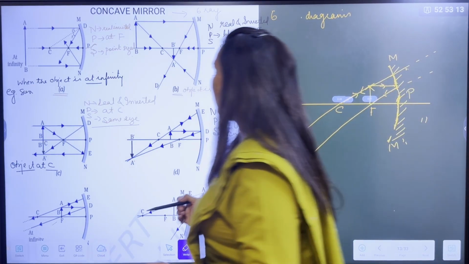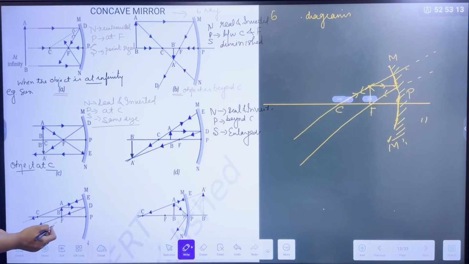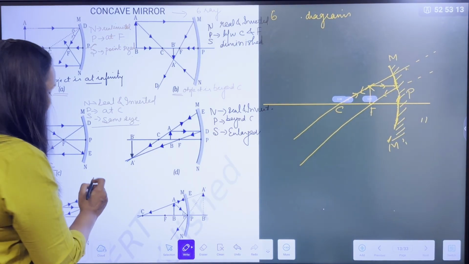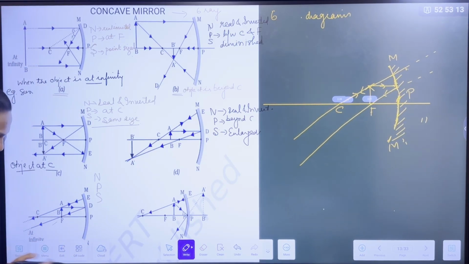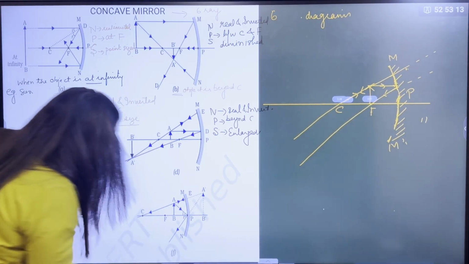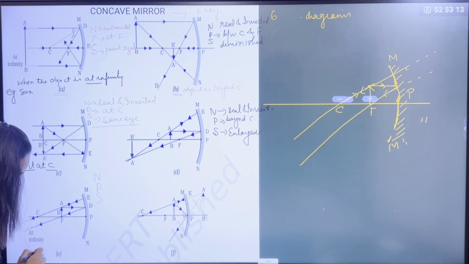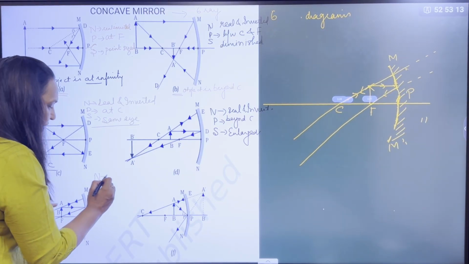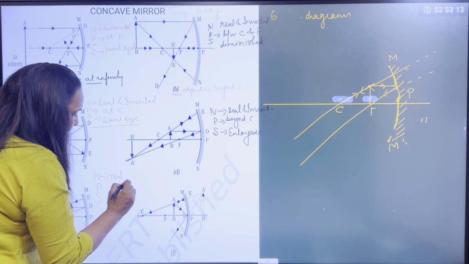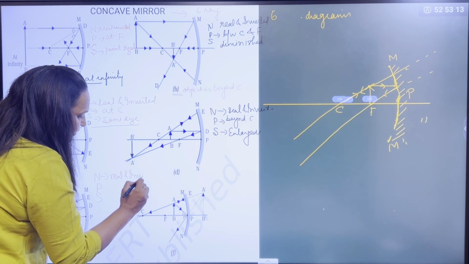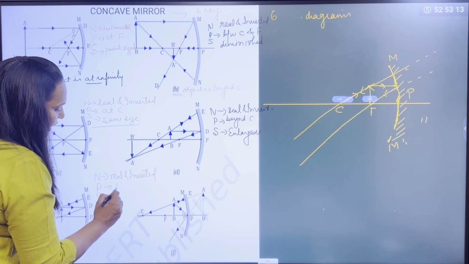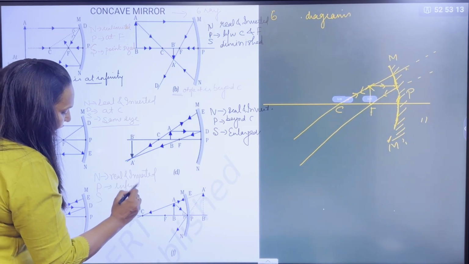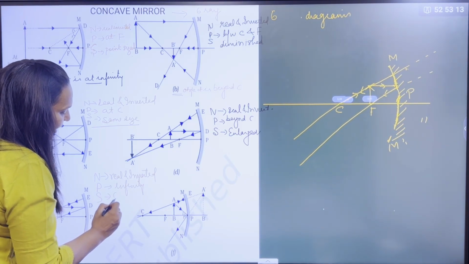Can you see here? So if the object is at F, the image is forming at, what is the position? Infinity. Image is real and inverted. Position, what is the position? Infinity. And the size enlarged.